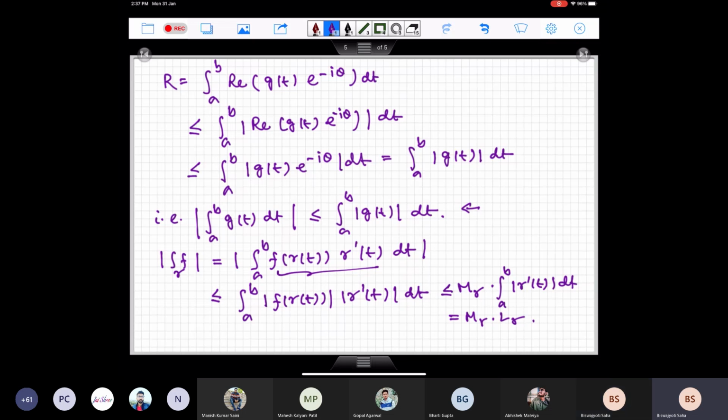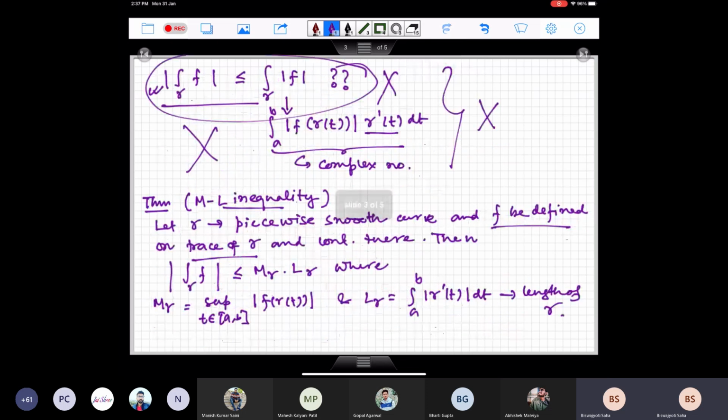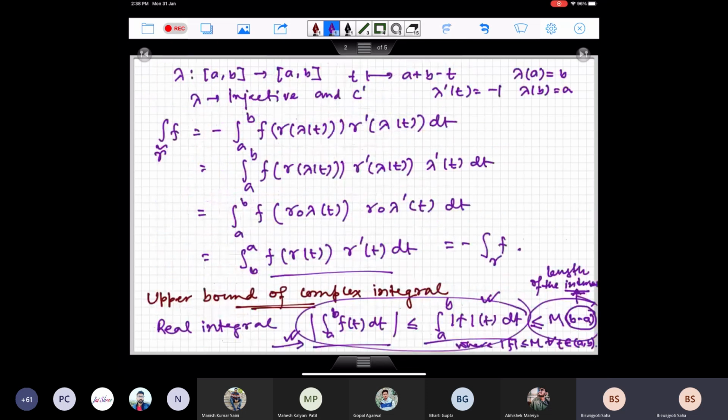Okay, is the proof clear? Tell me. Yes, sir. So here there were two steps. I could have written down this kind of step immediately, but that would not have been justified, because just before all this prelude I said that the inequality we have in the real integral, we are not supposed to write blindly.